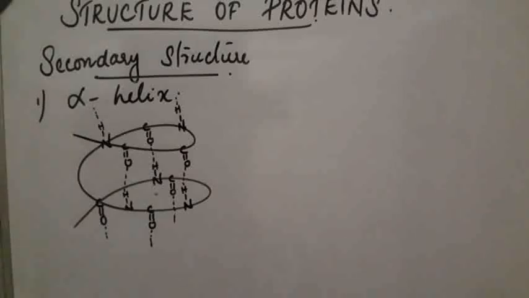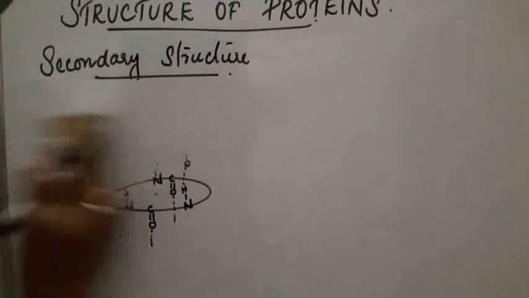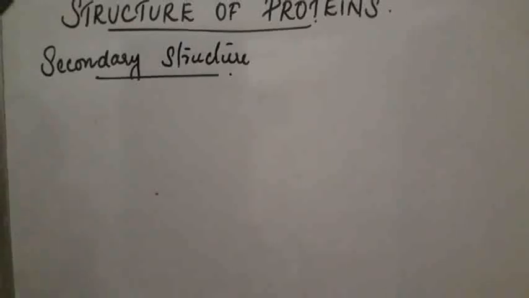Next structure is beta structure, or beta pleated sheet structure.